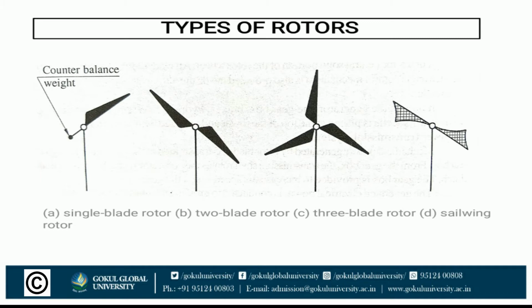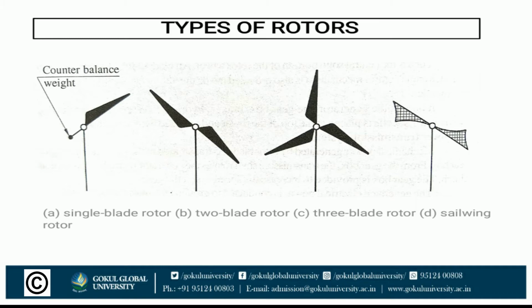Types of rotors: this is a diagram of the single blade rotor, two blade rotor, three blade rotor, and Savonius rotor. They are suitable for applications such as electrical power generation. The rotational speeds of the propeller type are in the range of 300 to 400 rpm.